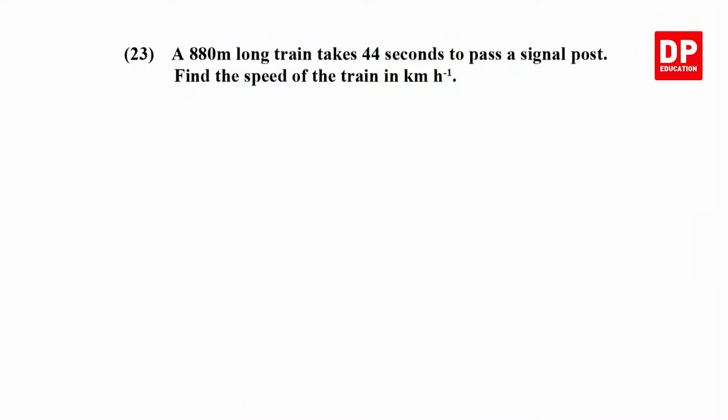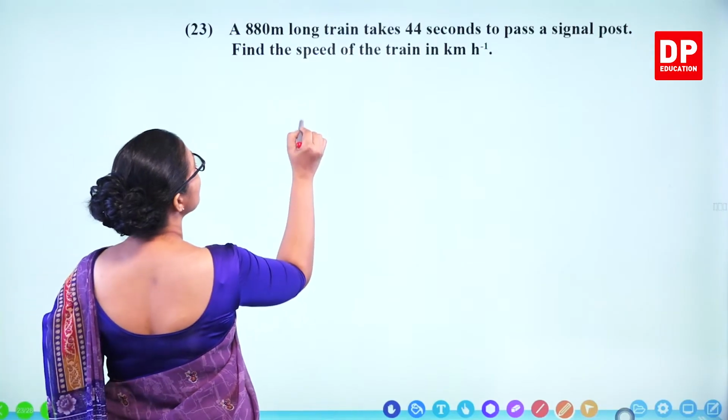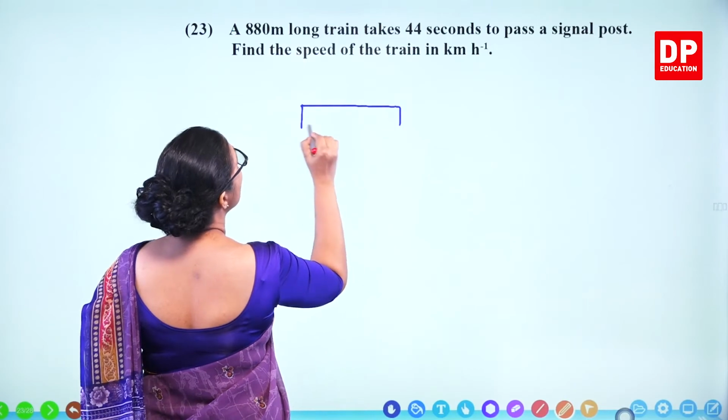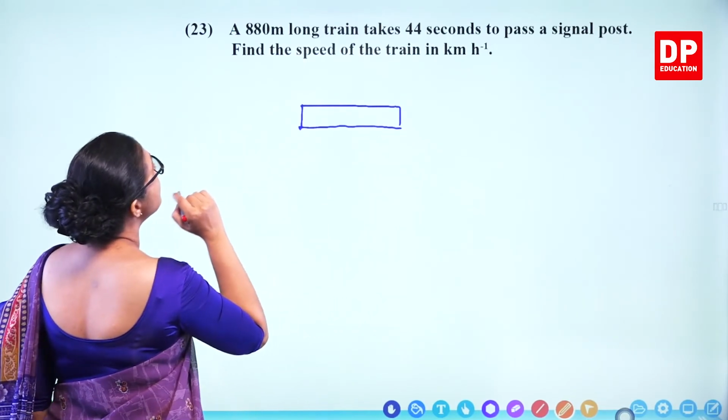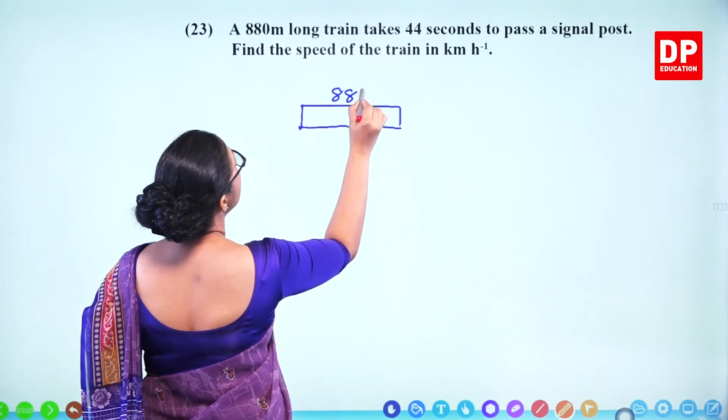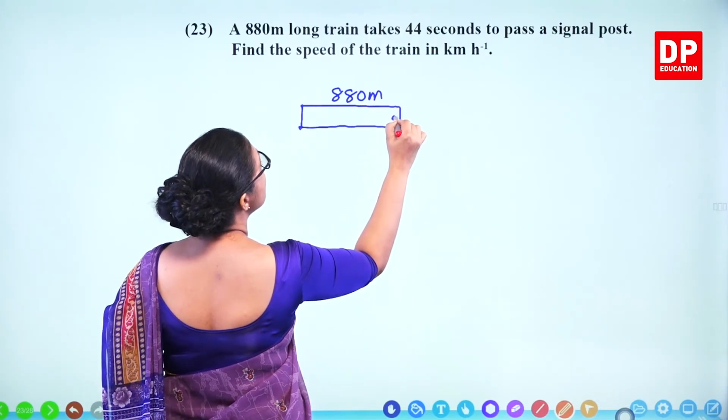Question number 23. A 880-meter long train takes 44 seconds to pass the signal post. Find the speed of the train in kilometers per hour. So the length of the train is 880 meters. So think about this is the front.